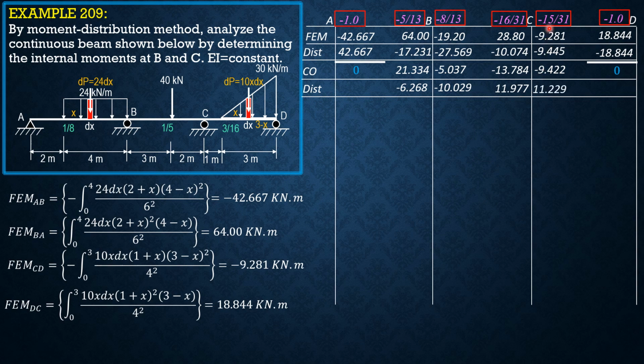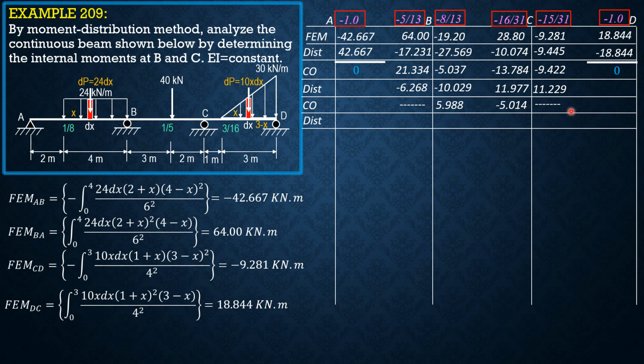Replace negative 16 by negative 15, 11.229, and carry over. Since we didn't touch here, it is none here. Then here, half of 11.977, half of negative 10.029, and none here.